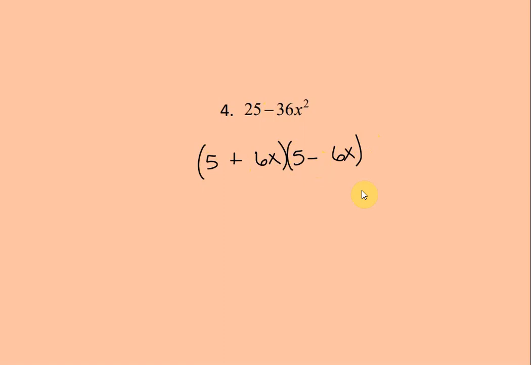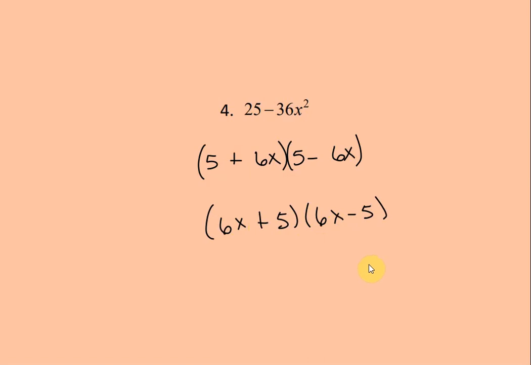Plus and minus. Sometimes I'll see students say, okay, I don't like it like that. I want the term with the x to go first. So they'll rewrite it like this: 6x plus 5 and 6x minus 5.